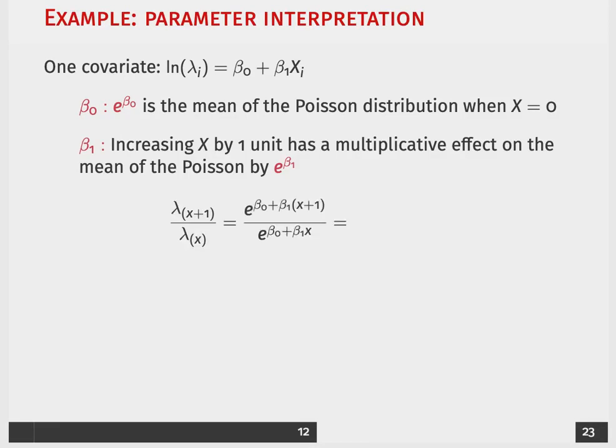If we wanted to get technical and fancy, this is just showing that a step from x to x plus 1, a 1 unit shift in our x, results in a shift in the conditional mean, expressed as lambda, by the exponent of beta 1.